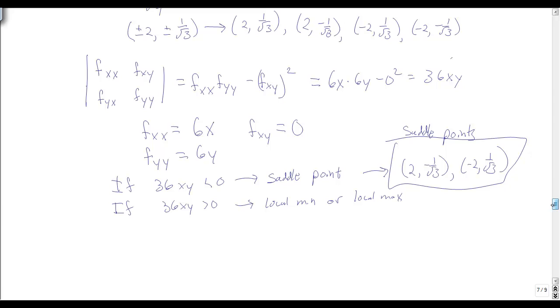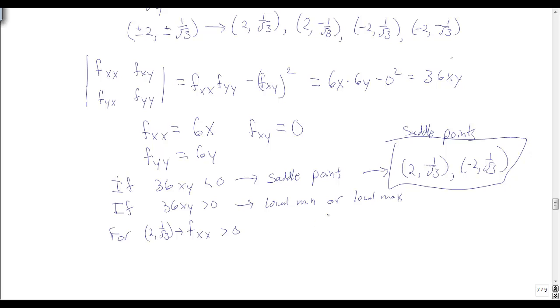Because we can just look at fxx, let's pick out a point, say 2, 1 over square root of 3. fxx is 6x, that's positive. So in the x direction, the derivative is 0 at the point, but it's increasing.